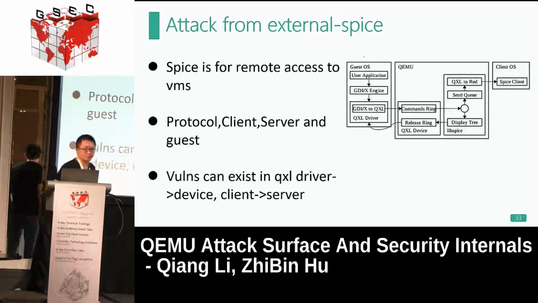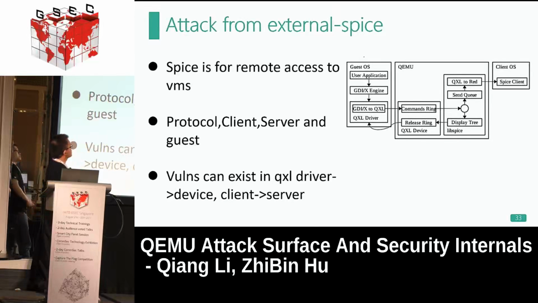Another attack is from SPICE. We know SPICE is for remote access to VMs. It is just for virtual machines, and it contains the protocol, the server, and the guest. As we can see in this picture, there is a lot of data exchange in two parts.